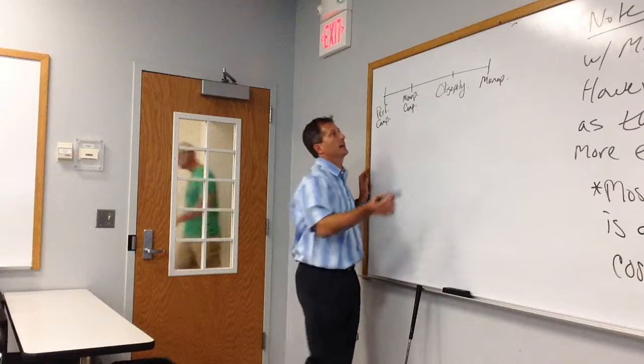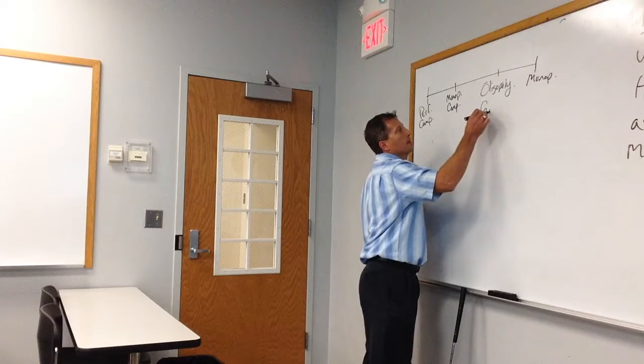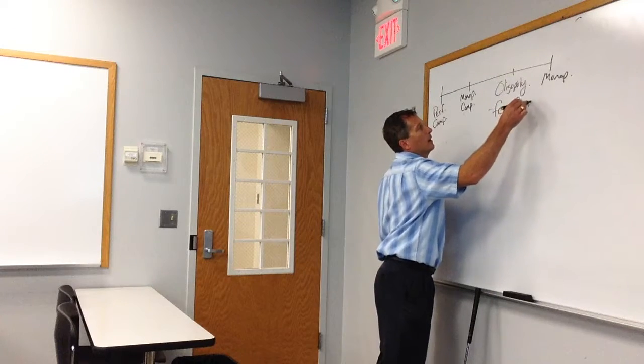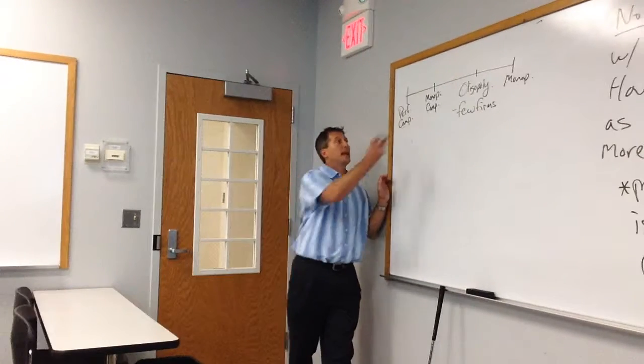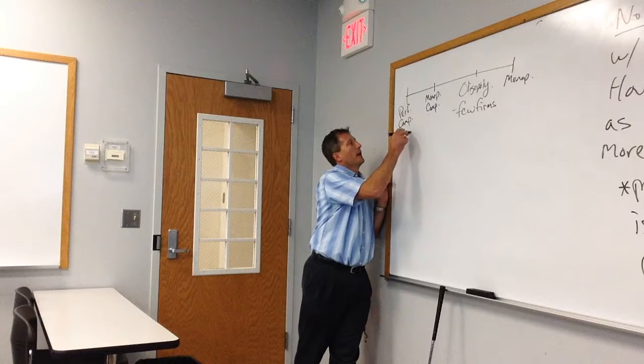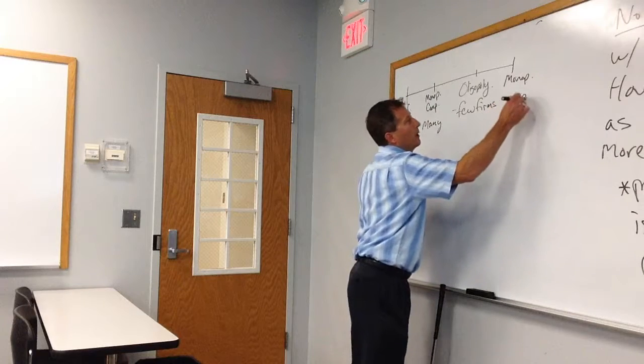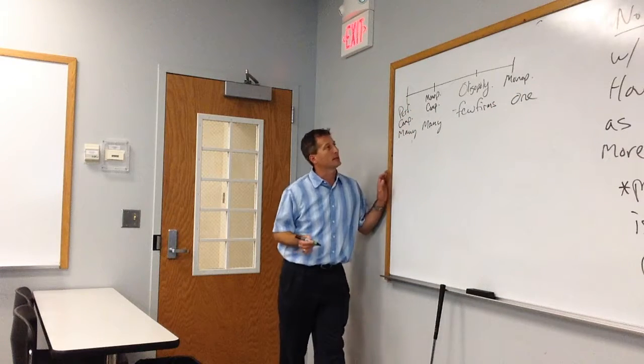Because we've got a few firms instead of many firms. So we've got many, many, few, and one. We start kind of keeping tabs here.